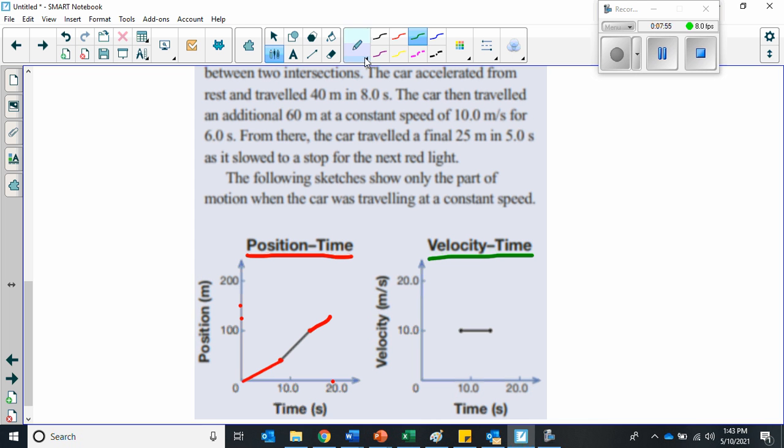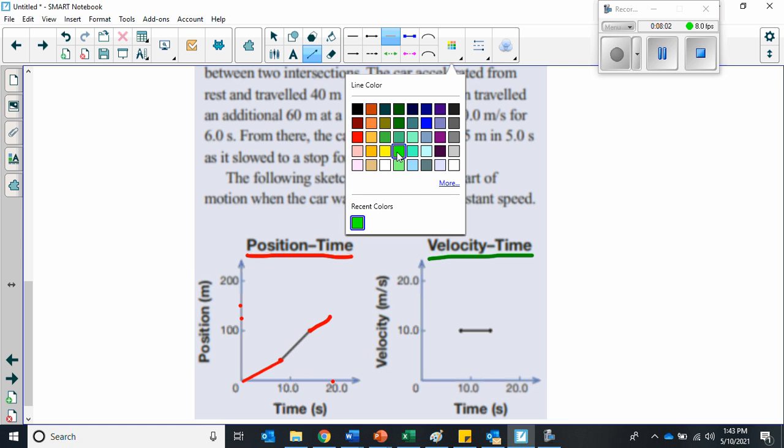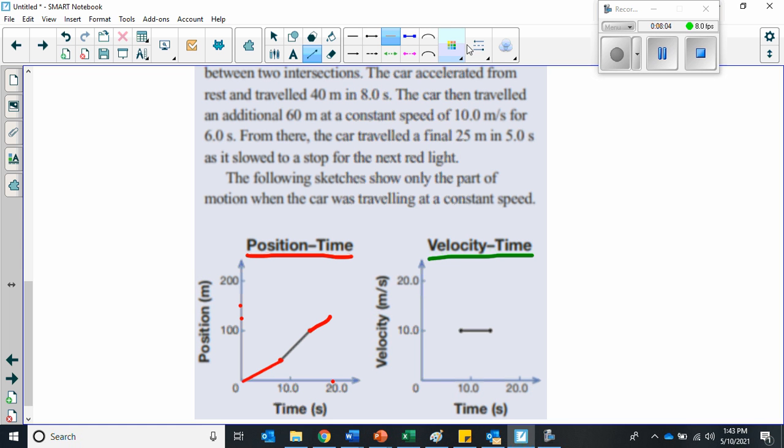Now for green, we're going to do the same thing, except we're going to have some of these details. I'm going to change my color to green.